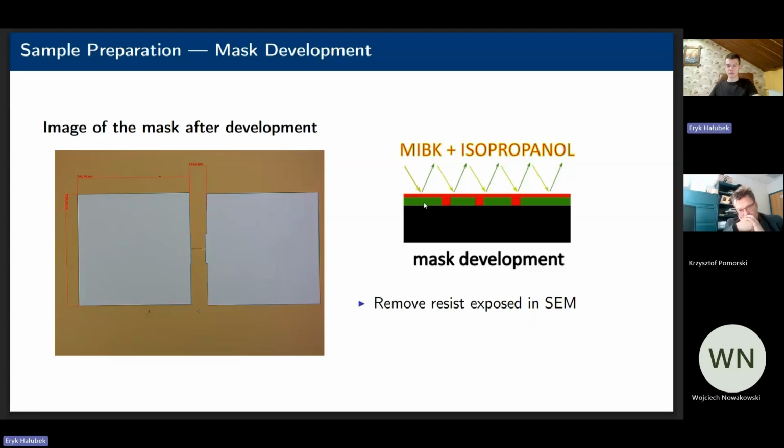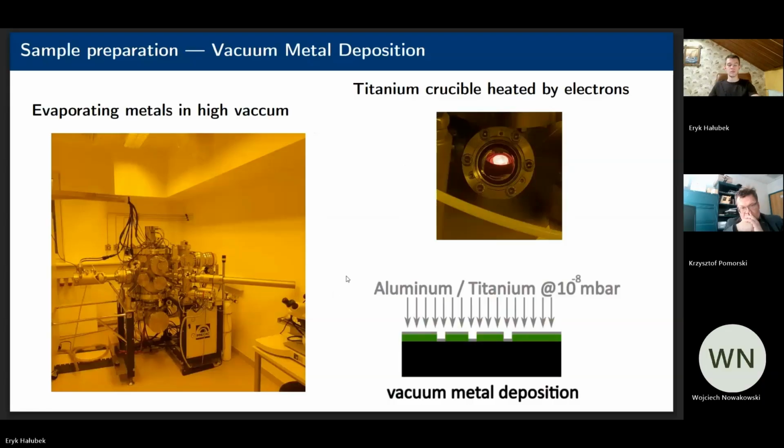So this green area is the resist that we have, and the red area is the part of the resist that will be removed due to a chemical reaction. And after that, we get something that we can see here, a mask, which can then be used to deposit metal that we want.